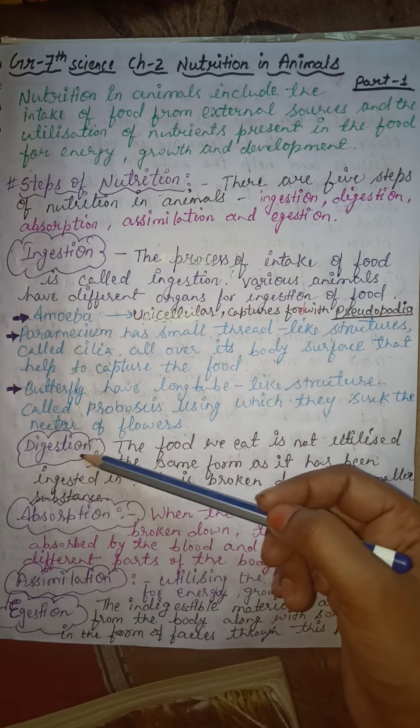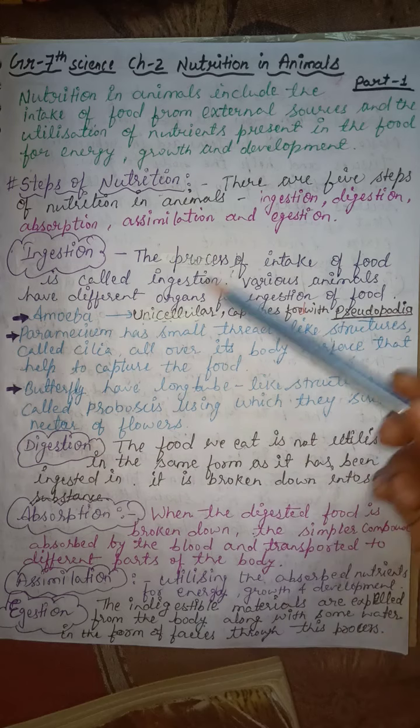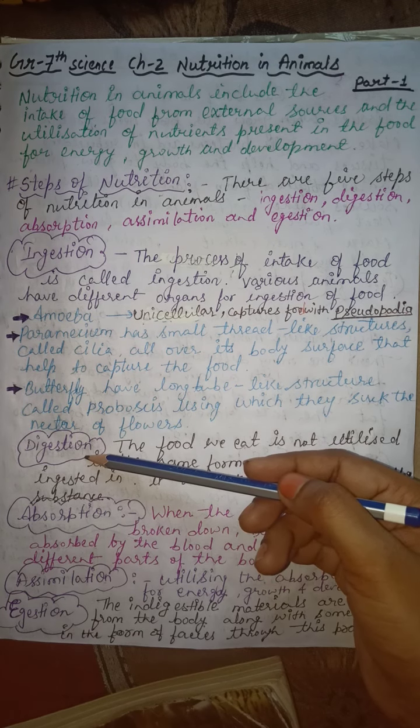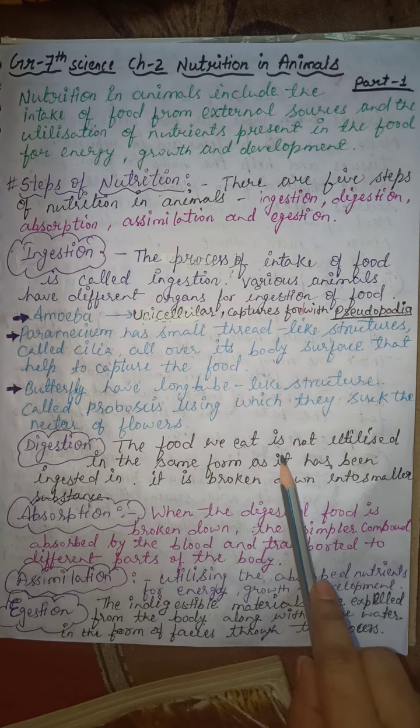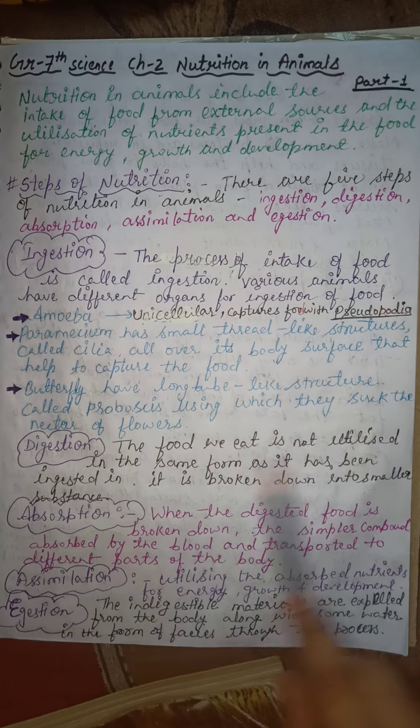Now the second one is digestion. When we take food, the second step is digestion. The food we eat is not utilized in the same form as it has been ingested.